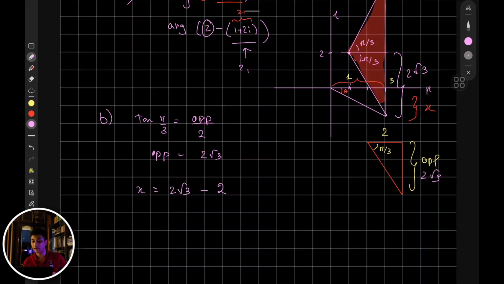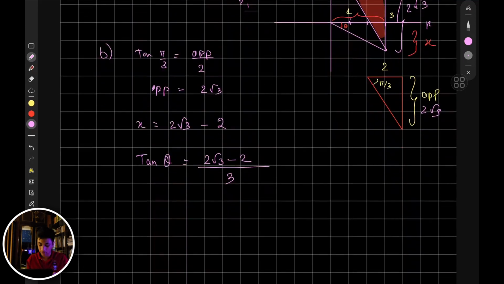So now you can find out theta. How do you do that? You use tan again. Tan of theta is equal to opposite, which is x, which we just found out, 2 root 3 minus 2, divided by the adjacent, which is 3. Great. So tan inverse of (2 root 3 minus 2) by 3, and you get a value of 0.454.